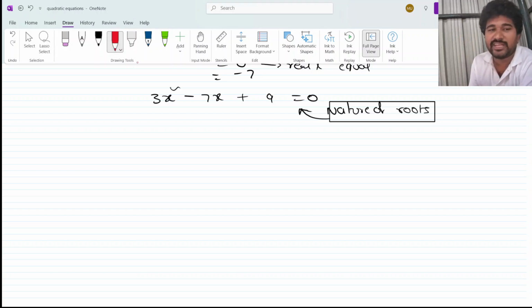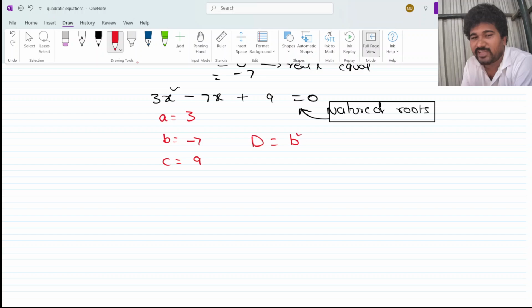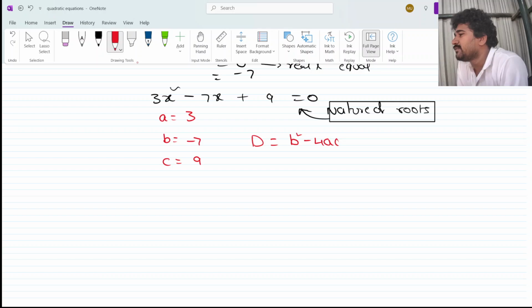Immediately write what is A, what is B, what is C. A is 3, B is -7, C is 9. So D is B square minus 4AC.